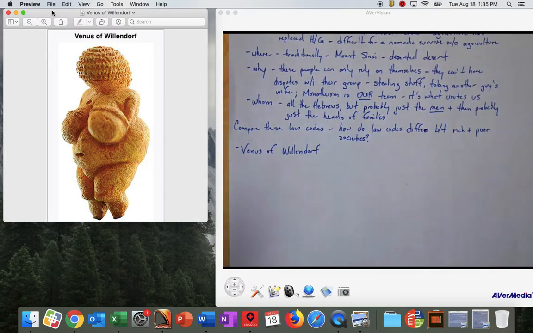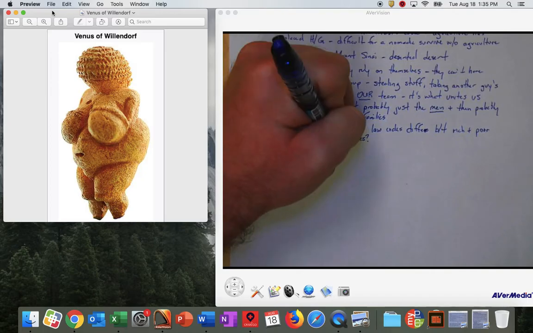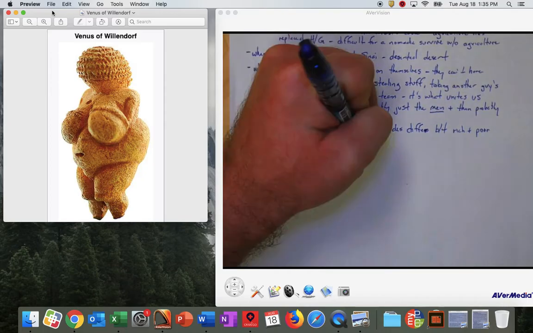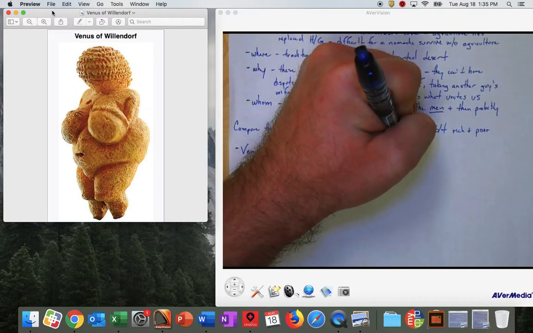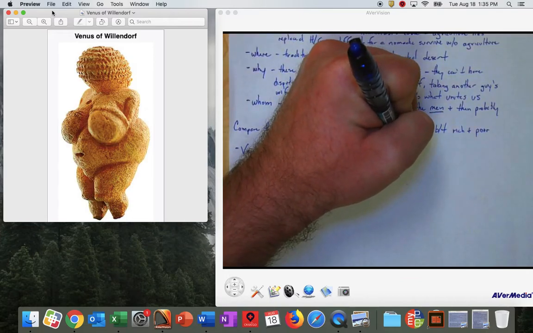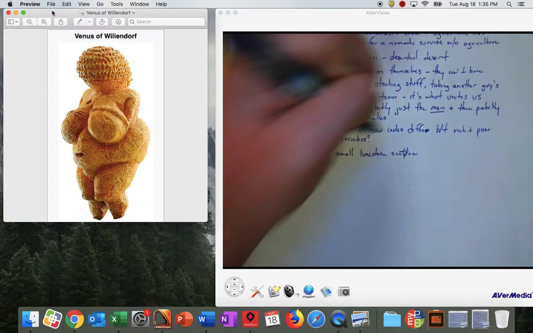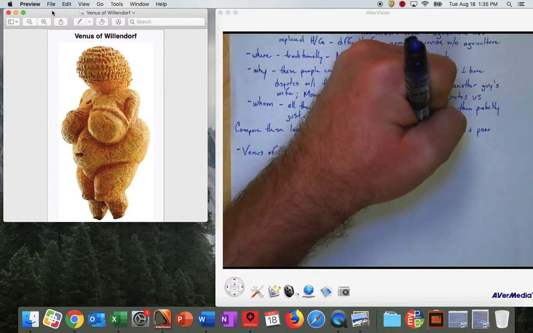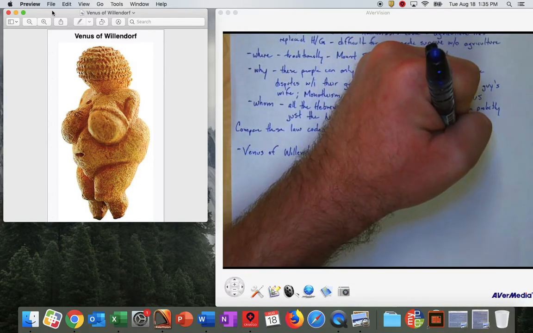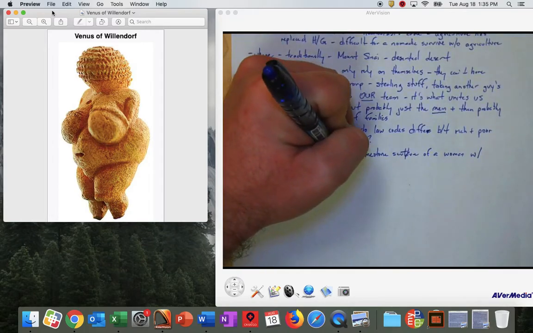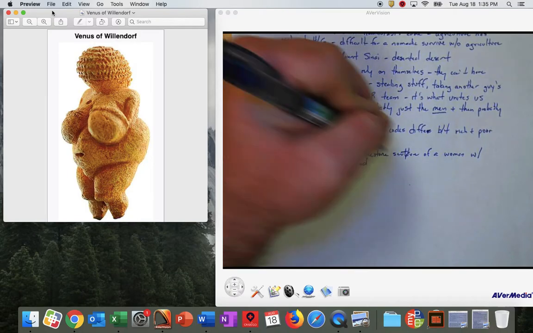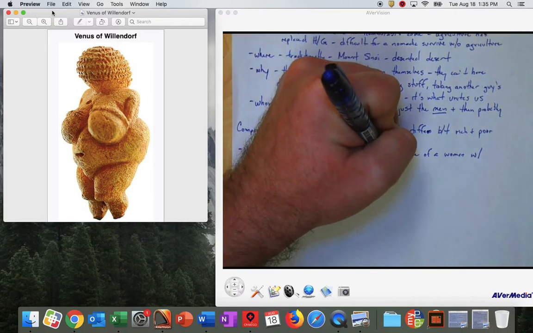So the Venus of Willendorf is a small limestone sculpture of a woman with exaggerated fertility features.